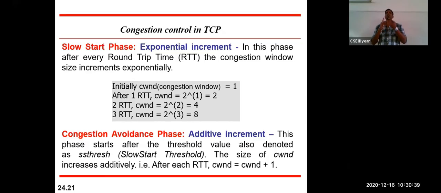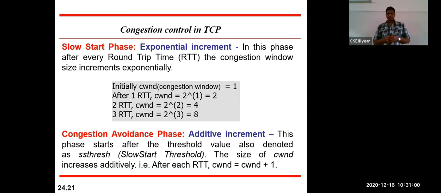Okay, so that is the slow start phase. It is also called the exponential increment phase, remember. Then after a threshold is met, it enters the second phase called the congestion avoidance phase. This phase is also called the additive increment phase. First phase is exponential increment. Second phase is additive increment.